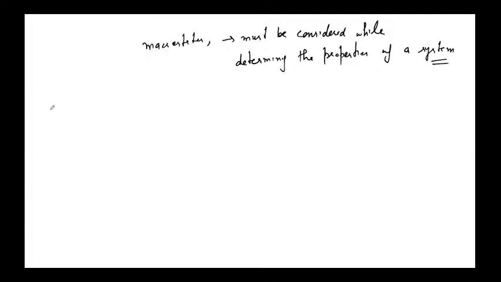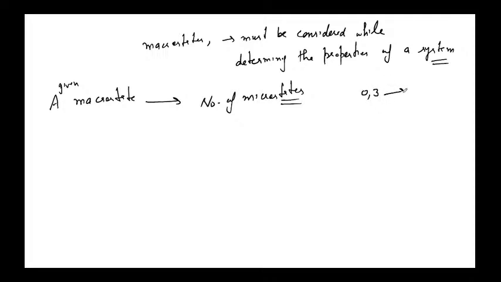Now for a given macrostate, there are a number of microstates. This we have already calculated. For a distribution of 1:3, there are 4 microstates.